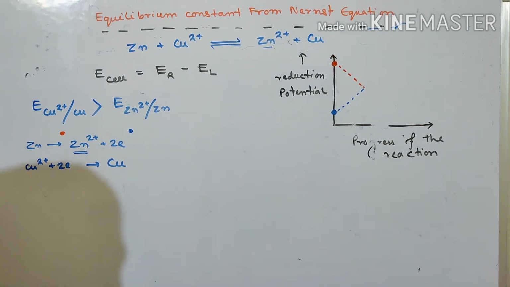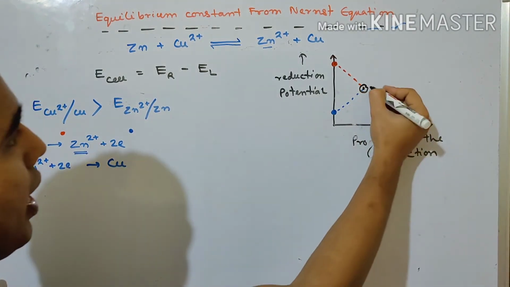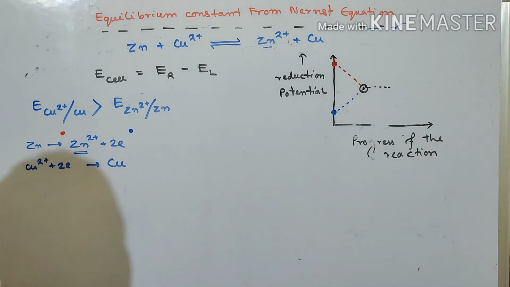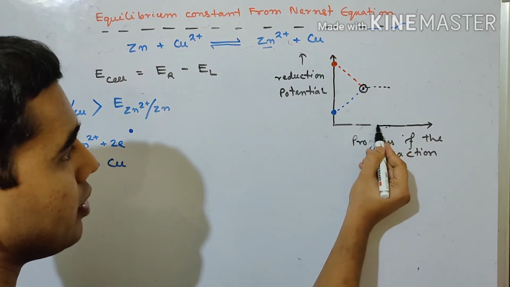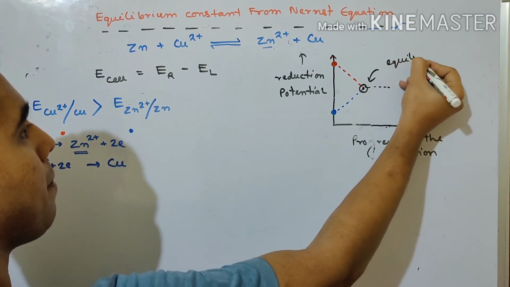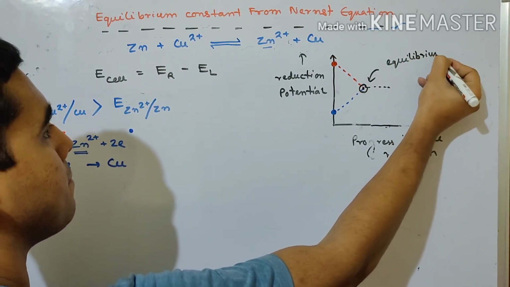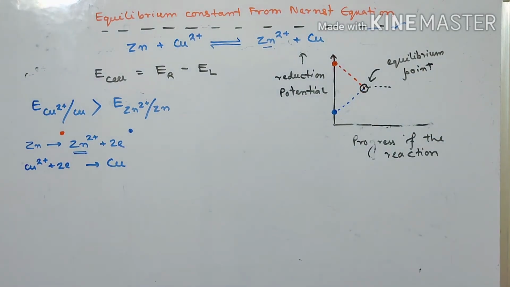And at a certain point, you can see here, these two will intersect. And hence it will have this kind of form. As a result of it, this is called the equilibrium point.